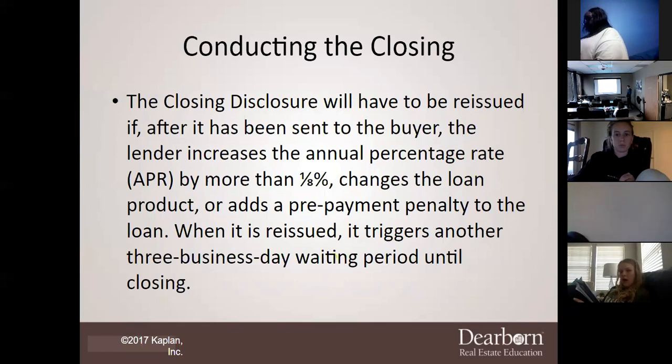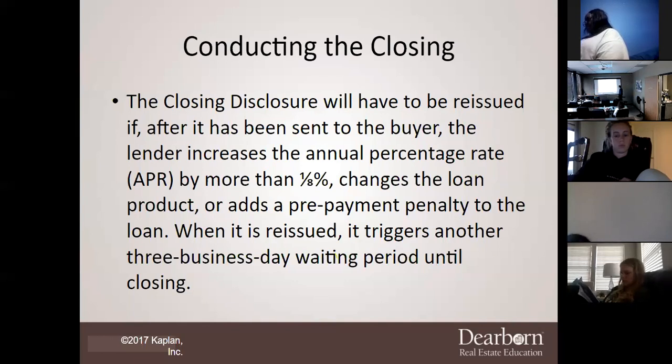The closing disclosure will be reissued if, after it has been sent to the buyer, the lender increases the annual percentage rate by even 1/8 of a percentage, changes the loan product, or adds a prepayment penalty to the loan. When it is reissued, it triggers another 3 business days waiting period until closing.